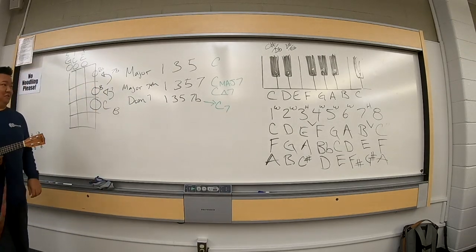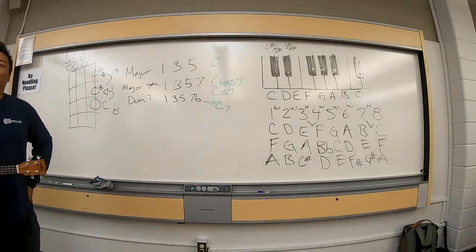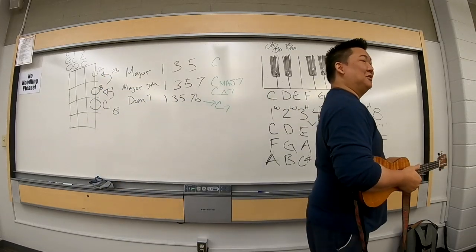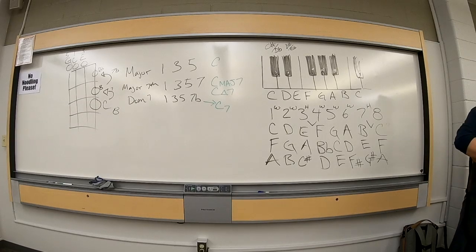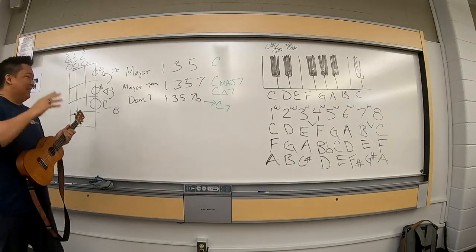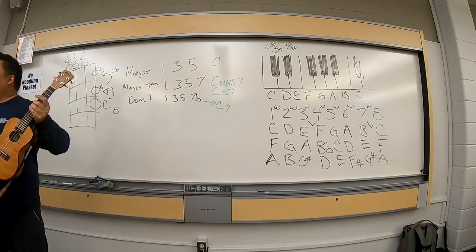If you were a betting person, and I asked you what numbers make up a major 6 chord, what would you guess those numbers are? 1, 3, 5, 6. This is so literal. As long as you understand what they're asking for, it's all laid out.